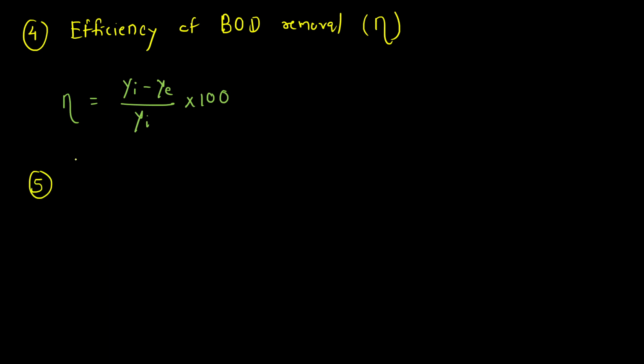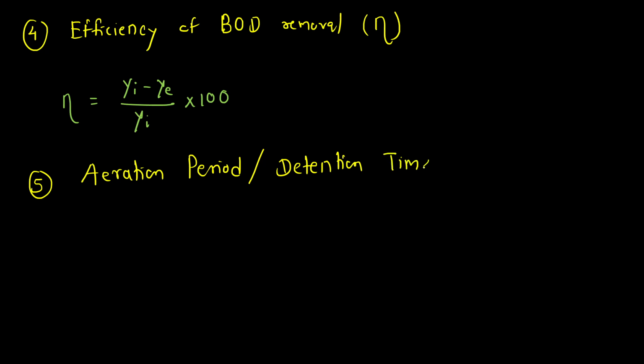The next one is aeration period. This is also called detention time. So aeration period, or detention time, is calculated as volume divided by influent flow rate.